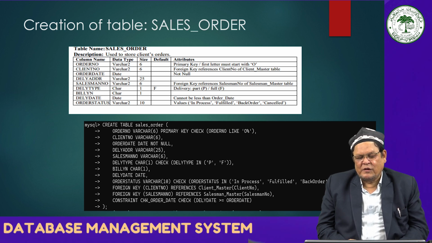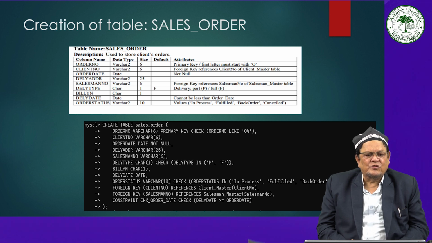You have to reference salesman number of the salesman master table also. Delivery type, character, and delivery date, also you have to define delivery date. These are the attributes you have to use for create. And order status you want. So these are the descriptions of the columns.